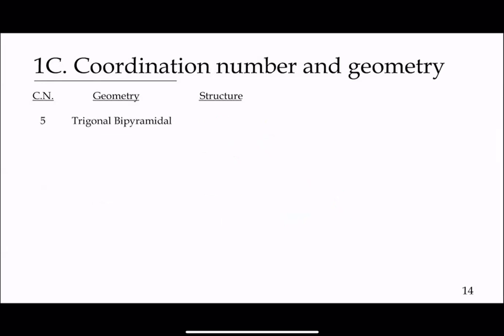Coordination number 5 also has 2 idealized geometries. One is the trigonal bipyramidal structure, so I'm going to draw it here. As we already alluded to with the octahedral structure, we have 2 different positionings where the ligands can be. We have the axial positioning, which is here. This ligand and this ligand are in the axial position, lying on the plane of our screen.